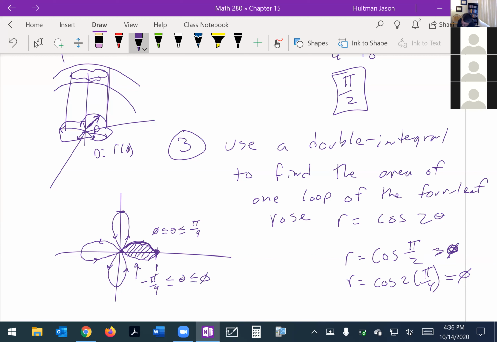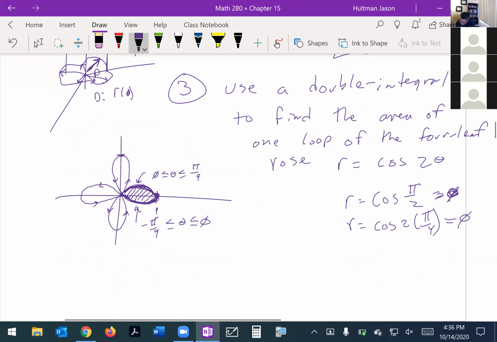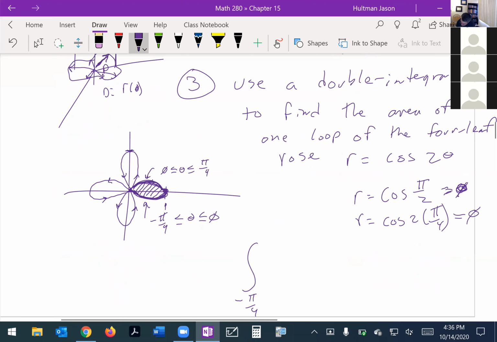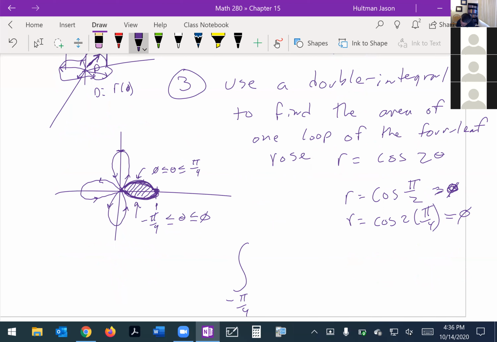So if I wanted to draw the whole petal, I would go from theta of negative pi over 4 to pi over 4. So that gives me my d theta.